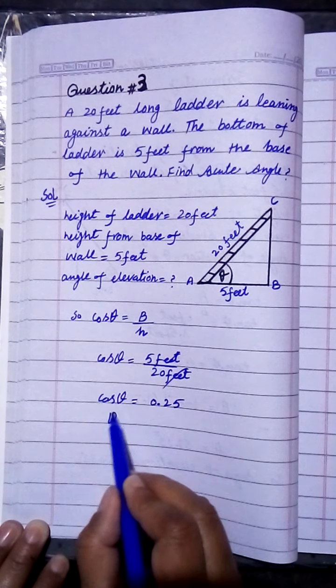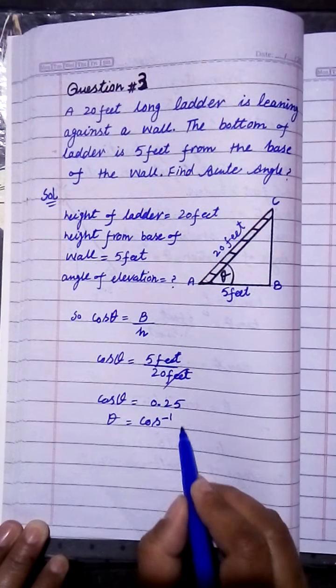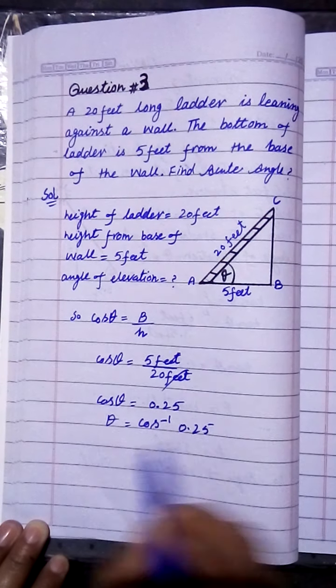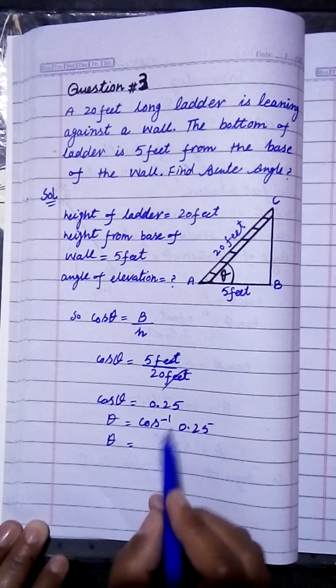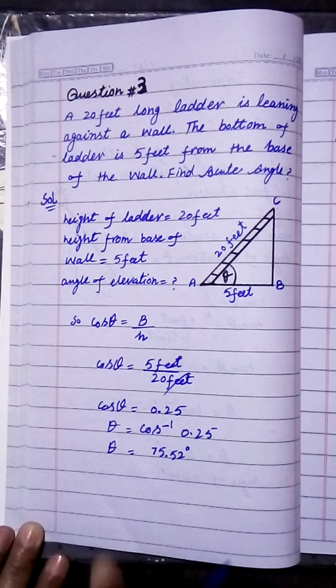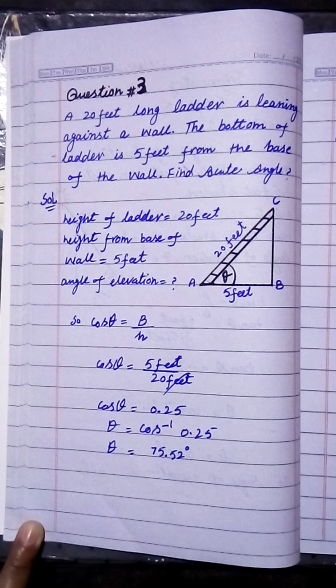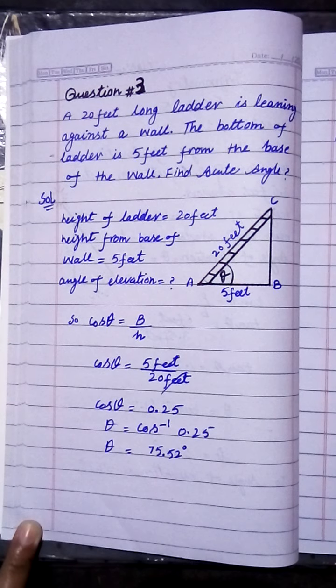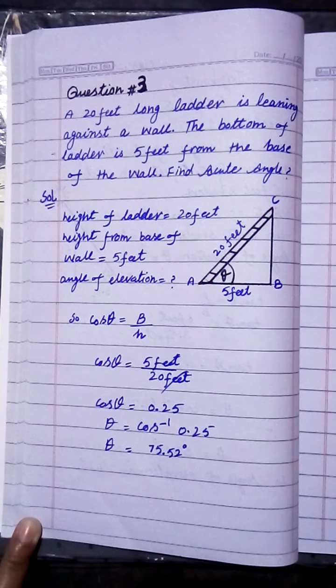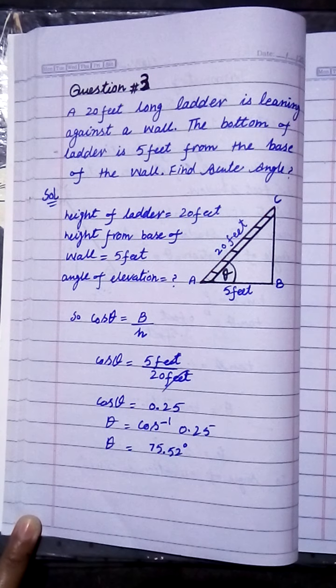Now to find theta, cos shifts to the other side, then it becomes inverse of 0.25. So theta equals 75.52 degrees. So write the answer statement here: the angle of elevation will be 75.52 degrees, which the ladder makes with the ground.